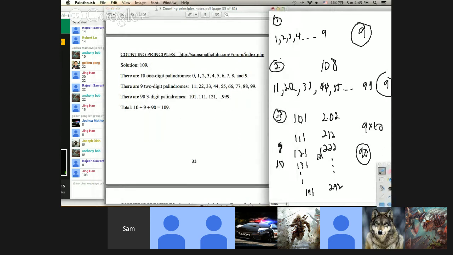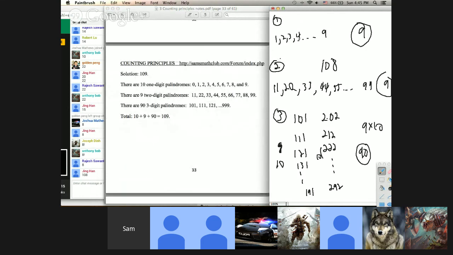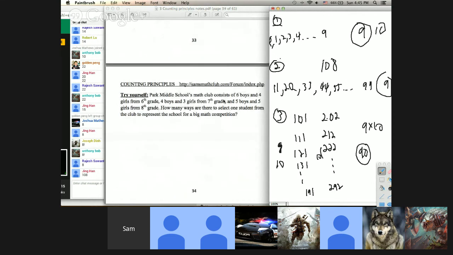It depends on how the question is worded, whether 0 is counted. So you can count 0 or you cannot count 0. I think this is a problem we made. Okay, so 0, I guess 0 works. If you have 0, then just one more here, 0, and then you have a total of 10. So 109. Anyway, that problem was just to show you an idea.